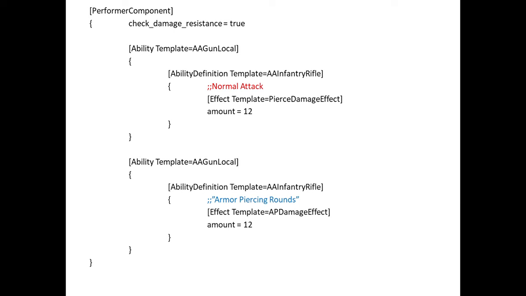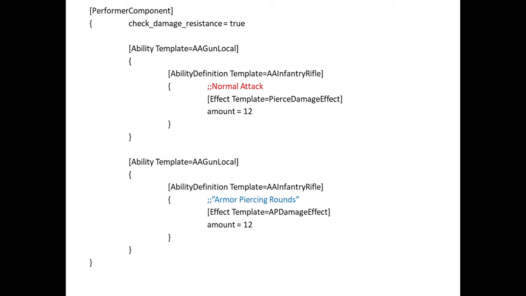There'd be no factoring in resistances whatsoever. But because we have check damage resistance set to true, we have a situation where when it comes to infantry units, this hypothetical unit that we have constructed here will be using its infantry rifle ability with pierce damage over the one with armor piercing.